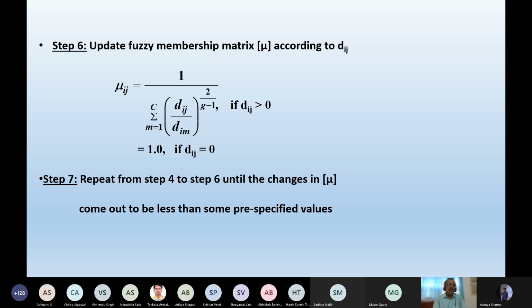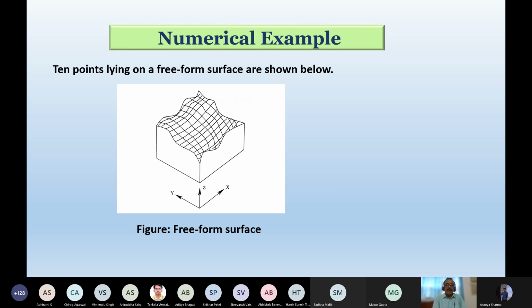Now let us see how to do it. Here I have designed one numerical example, and it's a very practical numerical example. Supposing that I want to do machining on a free-form surface, something like this.